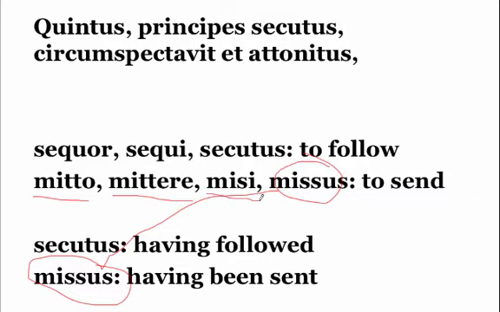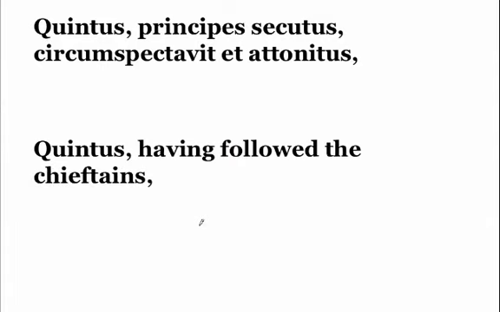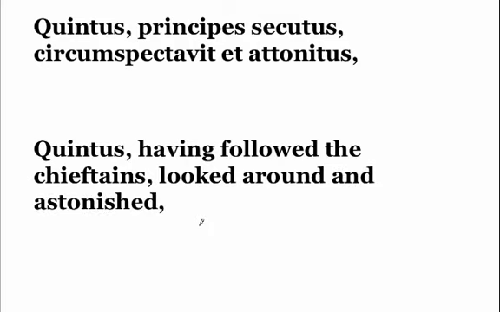The past participle of a deponent verb is active, secutus, having followed. Having followed the chieftains. So what did Quintus do, having followed the chieftains? Circumspectavit, looked around, and astonished, et attonitus.